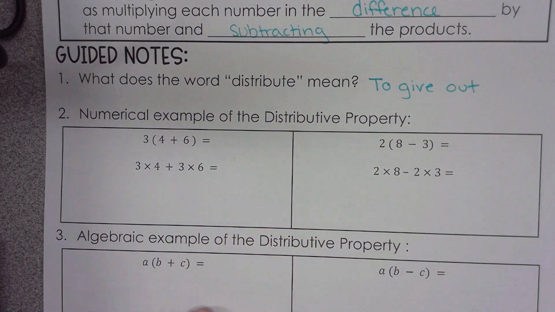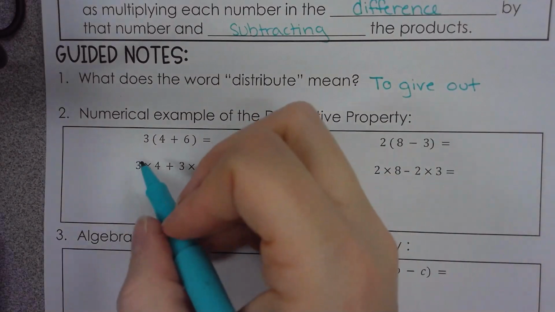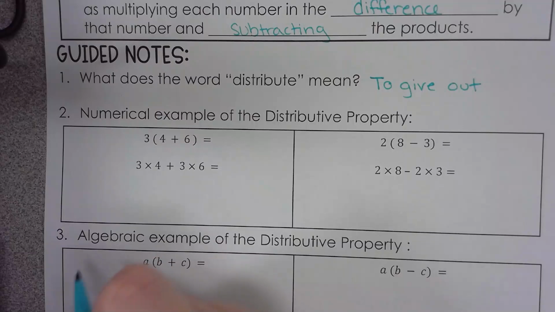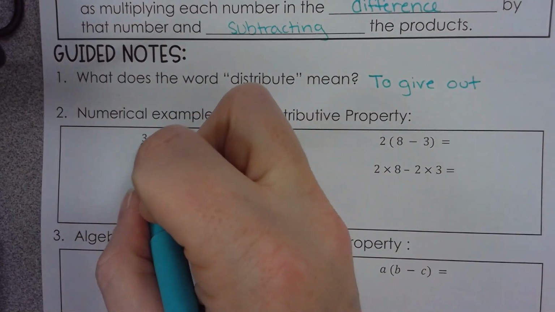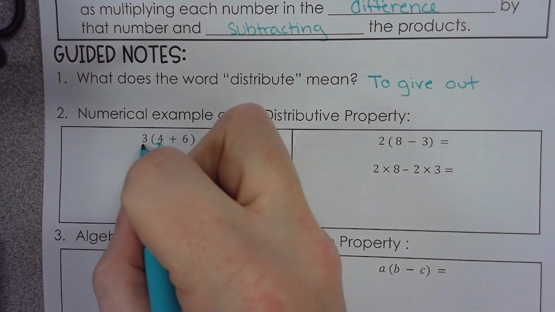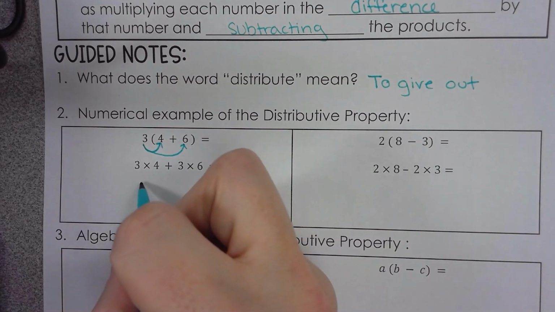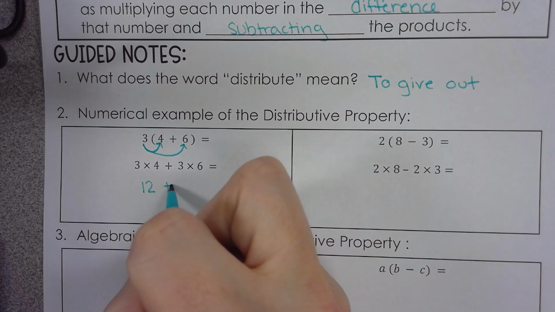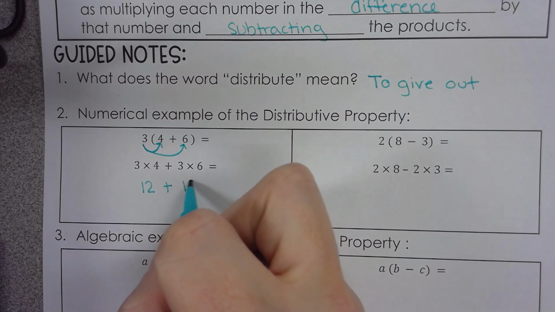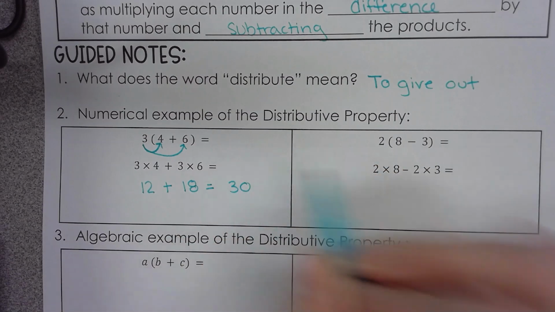But when you have variables, you can't do that because you can only combine like terms. So, the way we are going to be using it, we take 3 times 4, which is shown here, and 3 times 6, which is shown here. So 3 times 4 is 12, plus 3 times 6 is 18, and then I would add them together to get 30.